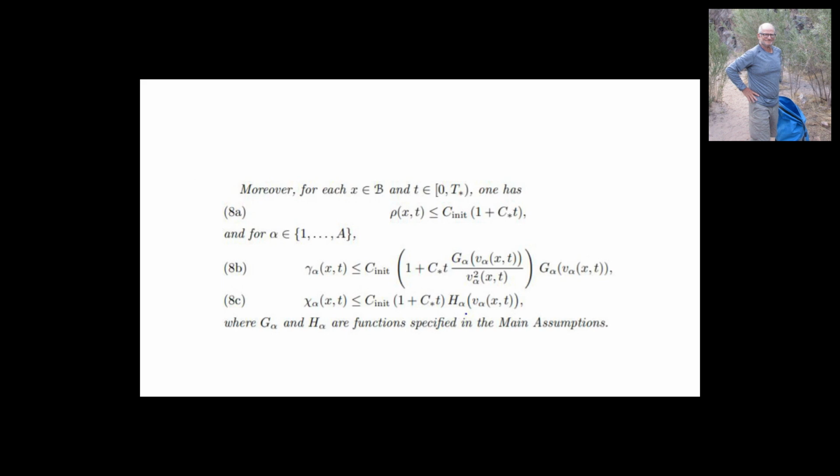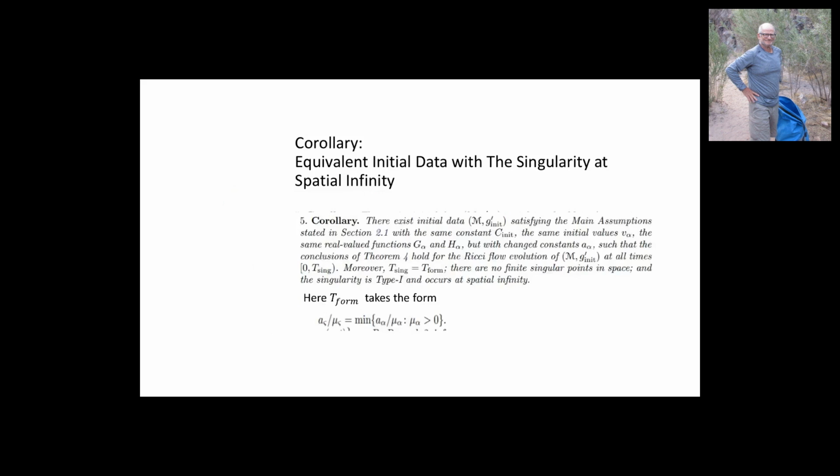We also have certain linear in time controls on the gamma and chi. These are a bit more complicated. I don't want to go into the details, but let's just say that we have these important controls on these curvature control functions.